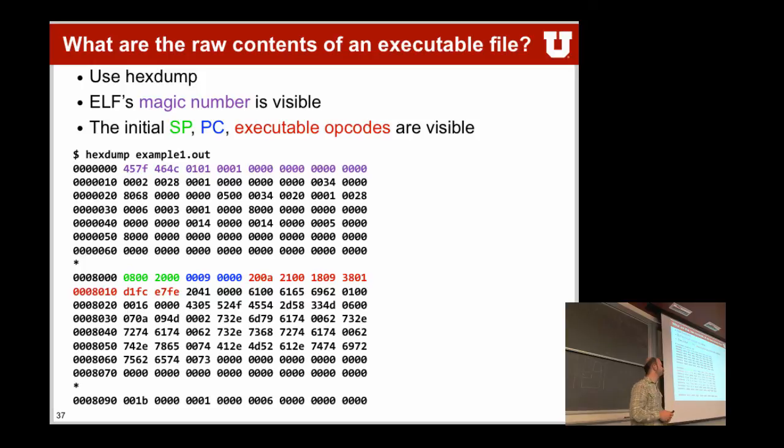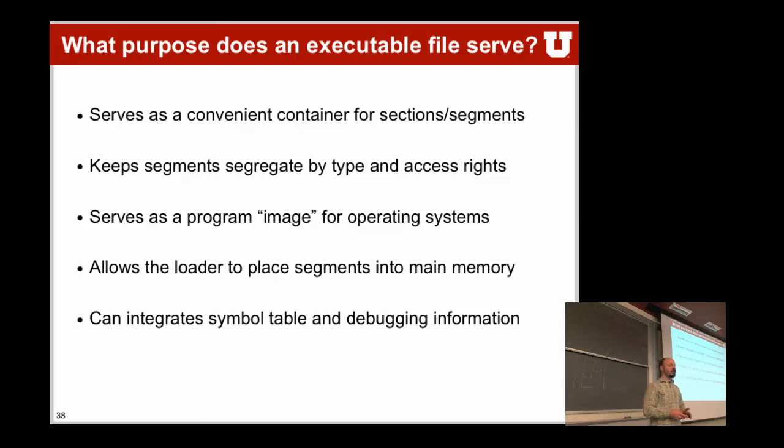So what's the purpose of this executable file? Well, it basically serves as a container before you really put it into applications that can program your microcontrollers. They keep different segments partitioned with different access rights. They serve as an image for operating systems.